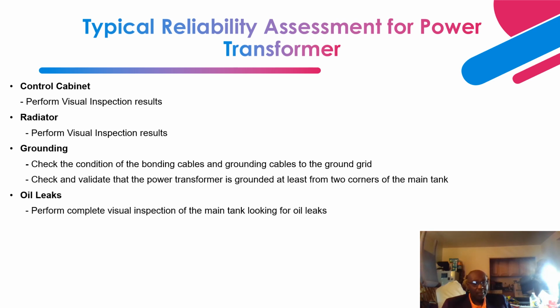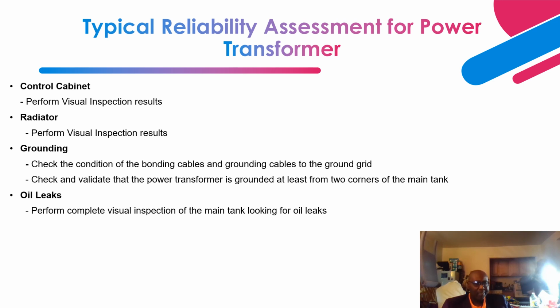Next is the oil leaks. So I indicated that power transformers, usually after 25, 30 years in service, more often than not, that is when leaks become prevalent and problematic. So some of it, you just have to manage it, unless of course, the leak is excessive.